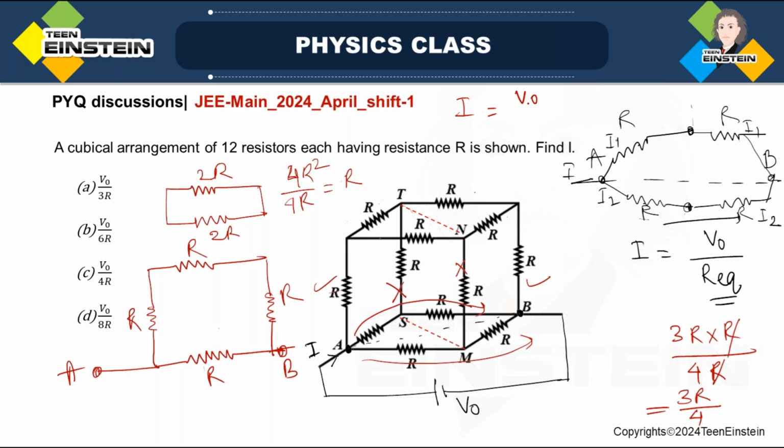Now I have to find out the current I. I is V0 by 3R by 4. Just let me check this.